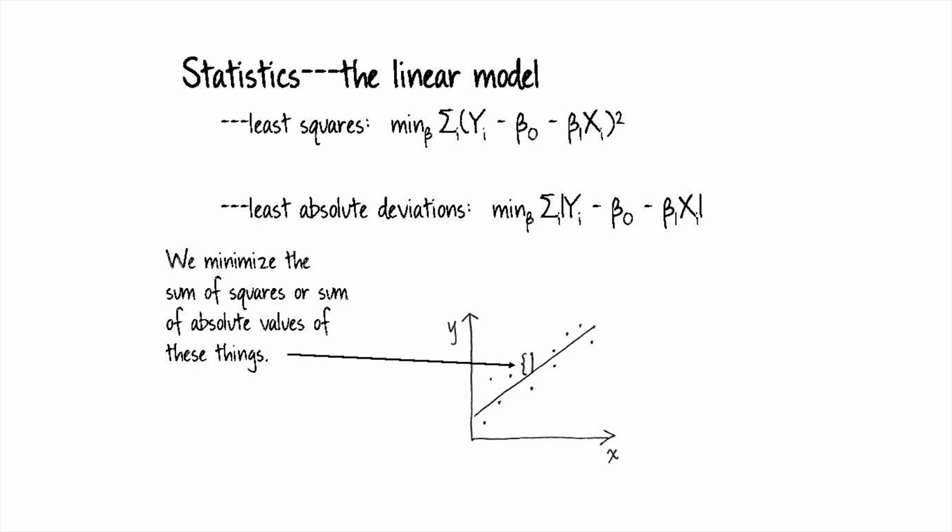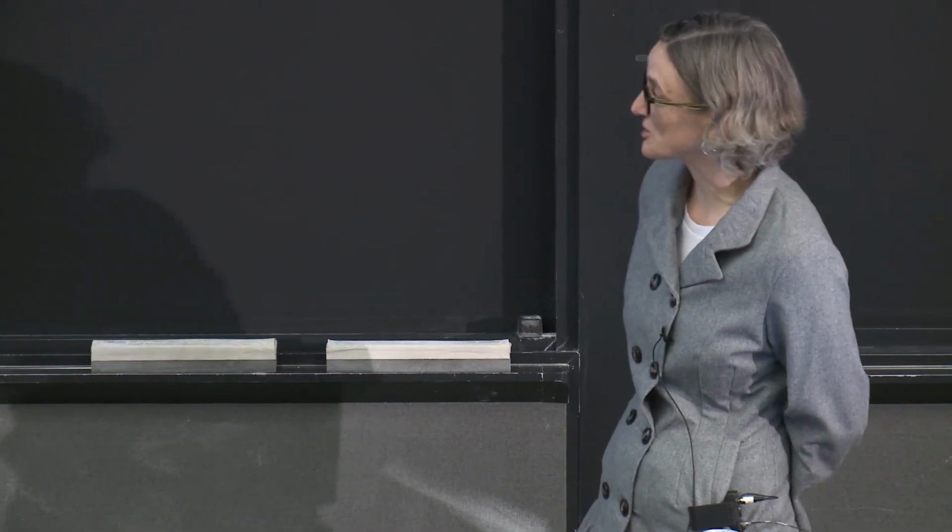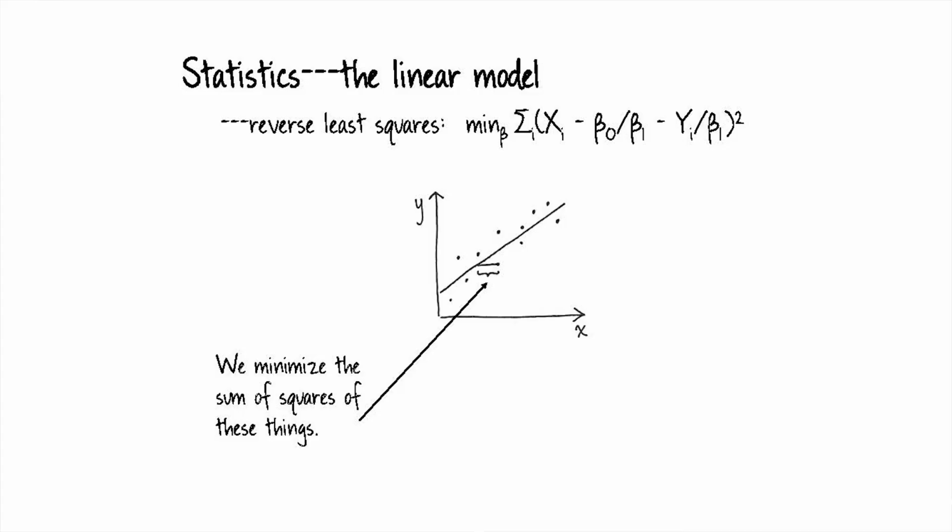So they have the same pictures, but for the least squares estimator, we compute all of these deviations, and we choose the line that minimizes those squared deviations. So these are the first 2 possibilities, and then the picture for the third possibility just looks like this. We're minimizing the sum of squares of those deviations instead in a reverse least squares estimator.